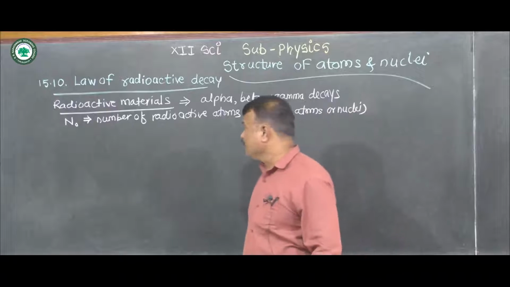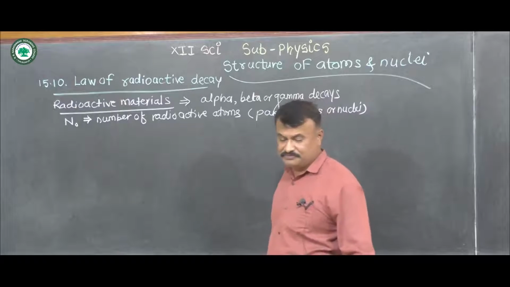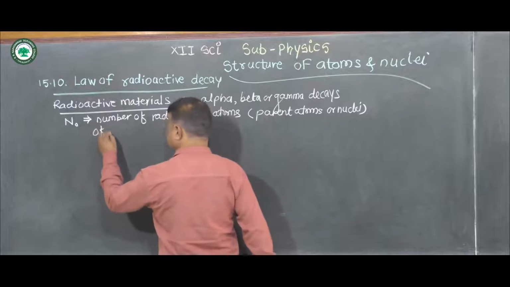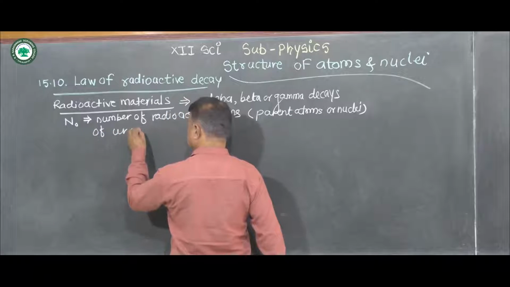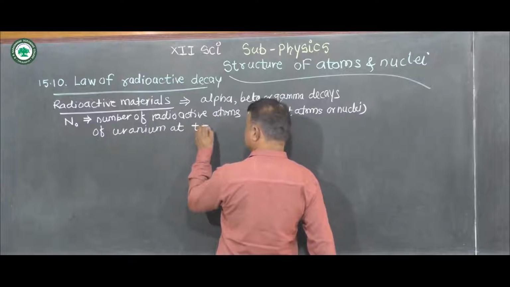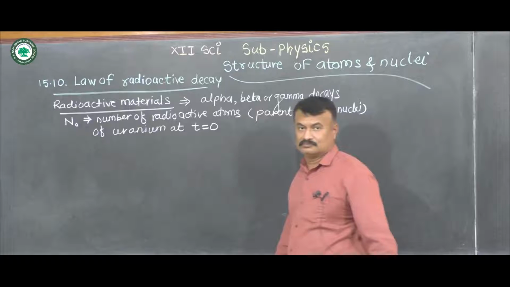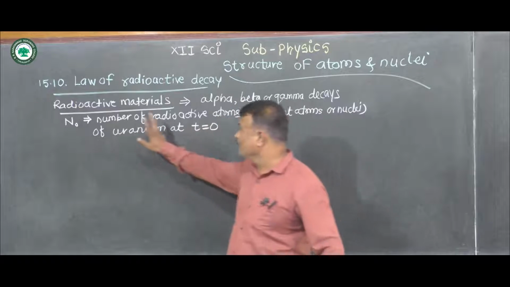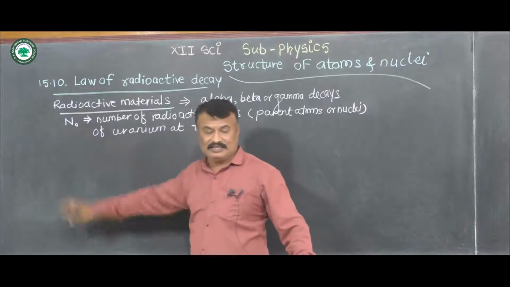So N0 is the number of radioactive atoms of uranium at t equal to 0. So time is 0, then the corresponding number of radioactive atoms is N0.